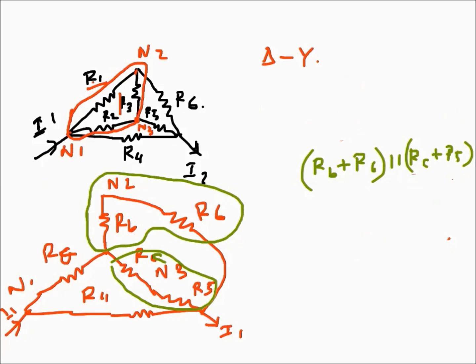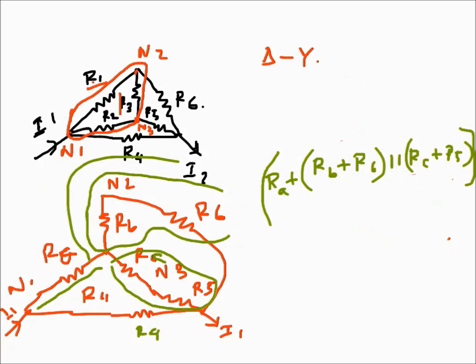Once this equivalent resistance is found, it is in series with RA. So RA is in series with these two parallels, and finally this one is R4. This whole part is in parallel with R4, and that's the equivalent resistance.